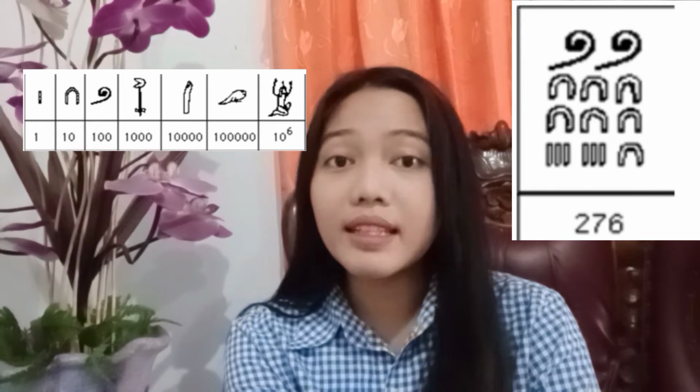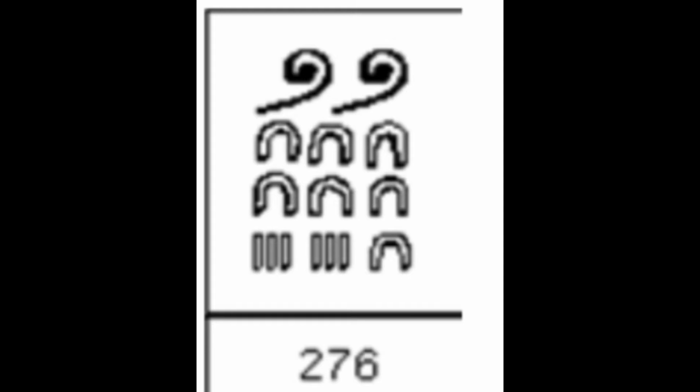For example, to create the number 276, 15 symbols are needed: 2 hundred symbols, 7 tens symbols, and 6 unit symbols. These numbers are shown as follows. An example of the number 276 in hieroglyphs is seen on a stone carving from Karnak dating to about 1500 BC, and is now on display at the Louvre, Paris.